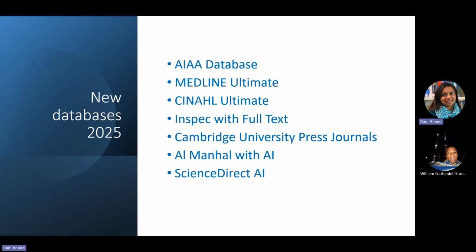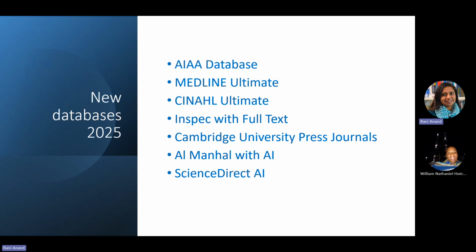Then to fill the research gap and the subject gap, the panel of the academic leadership committee decides to subscribe to a database. So this is how every year we try to subscribe to some new databases, and based on the usage or usability of the subject area, sometimes we are forced to drop some databases.